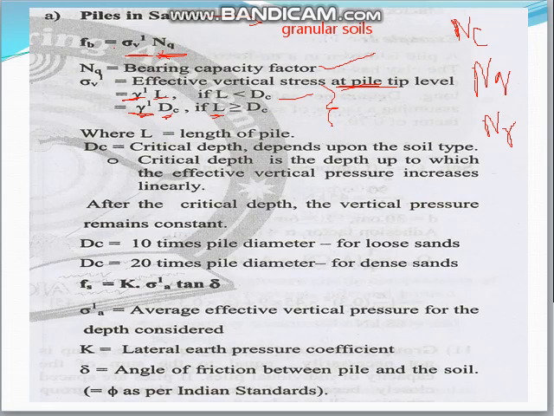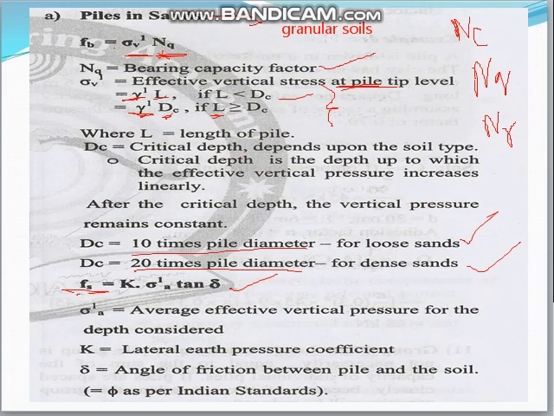Critical depth is the depth up to which the effective vertical stress increases linearly. Here the critical depth is 10 times the pile diameter for loose sands and 20 times the pile diameter for dense sands.